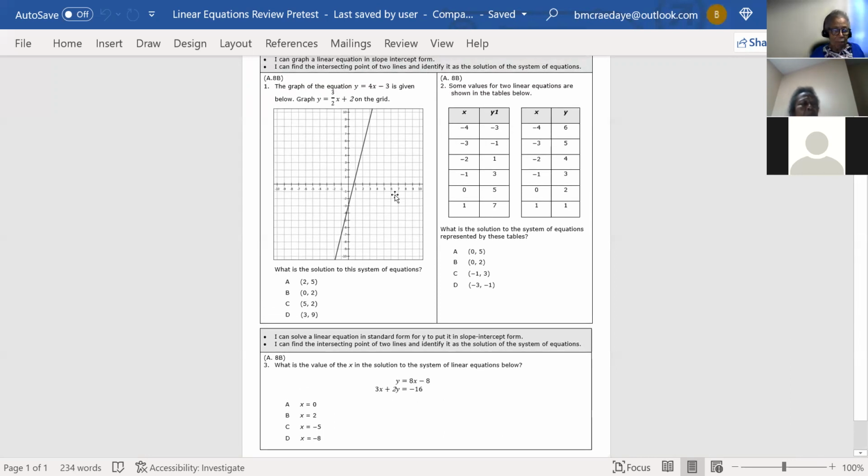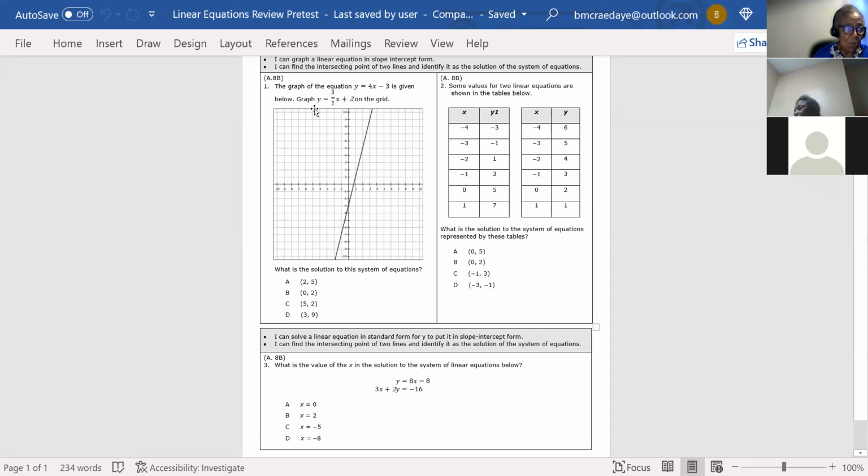Now this one, I gave you one line, right? I want you to find that second line. That means you've got to take this y equals 3 over 2 x plus 2. Actually, when I send you this, I'll give you y, and then you can just plot it, and wherever that intersection occurs, that would be your answer.